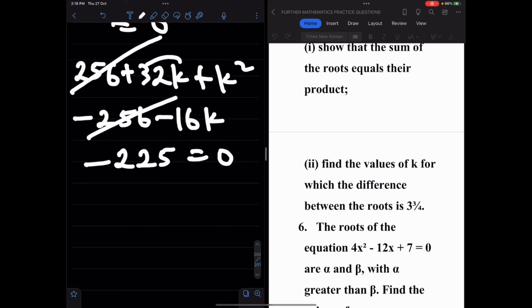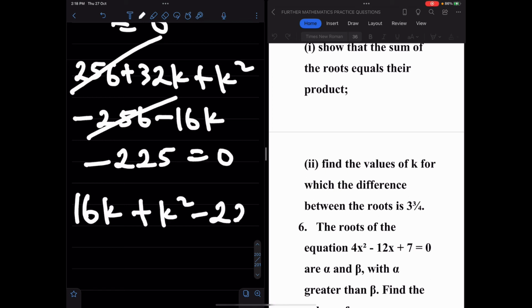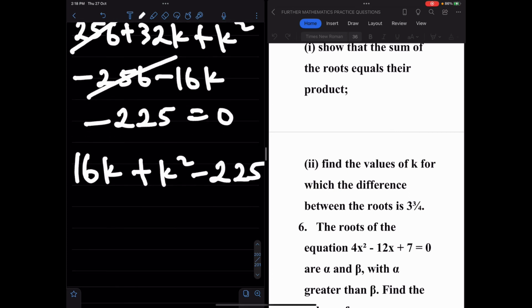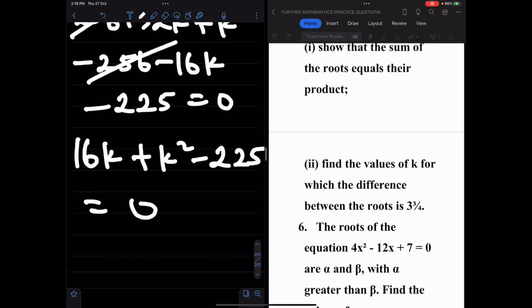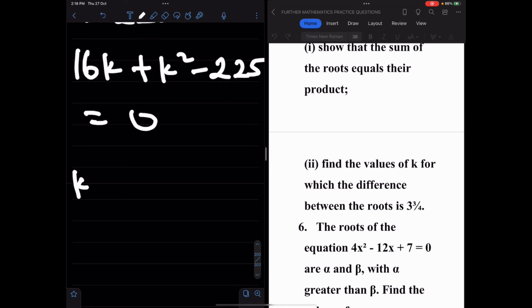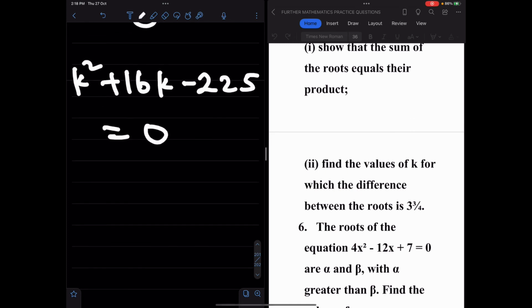Now 32k minus 16k is 16k. That means 16k plus k squared minus 225 equals 0. And let me just rearrange that. k squared plus 16k minus 225 equals 0. And now, can we solve that by factorization?